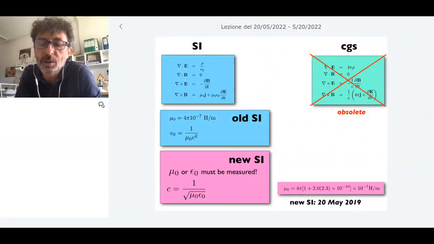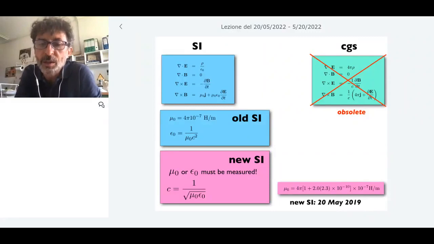So, as we know, the product of mu0 and epsilon 0 is related to the speed of light. So we have only the freedom to fix one in the old international system. But having fixed the elementary charge, this freedom we don't have anymore. So we have to measure either mu0 or epsilon 0.